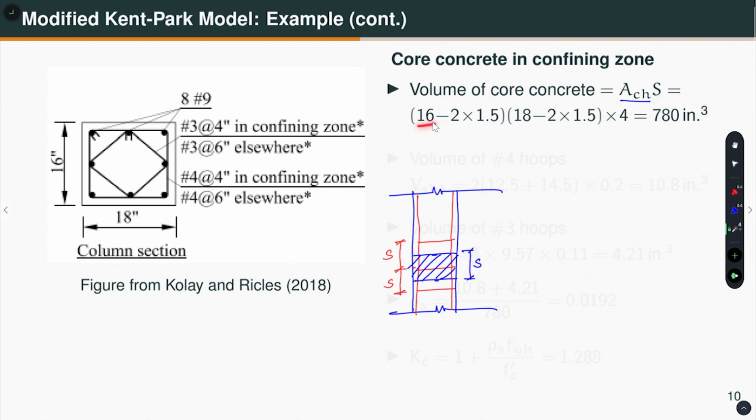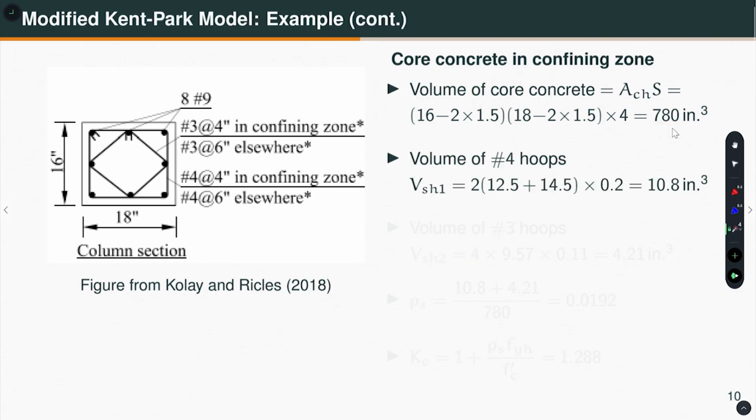ACH is 16, which is this dimension, 16 minus 2 into 1.5, 1.5 is the clear cover on each side, multiplied by 18, which is this dimension, minus 2 times the clear cover, okay, into 4. So, that means you are just subtracting for the clear cover, and this volume is the volume of concrete measured outside of the stirrup and between this. Okay. So, that is this volume 780 inch cube, right.